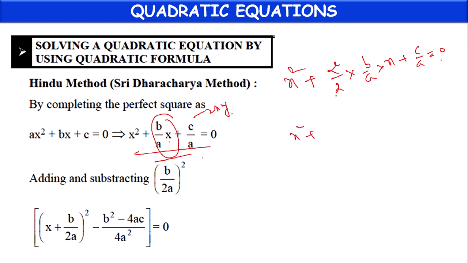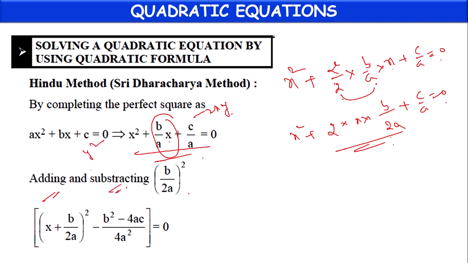So x square, 2 we will keep upside. After that x we will write. After that b by denominator part 2 into a, 2a we will write, plus c by a equal to 0. Now it is in the form of 2xy, where y equal to b by 2a. That y square has to be added and subtracted.